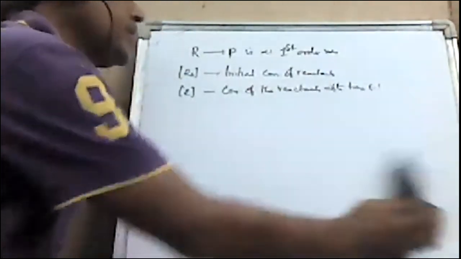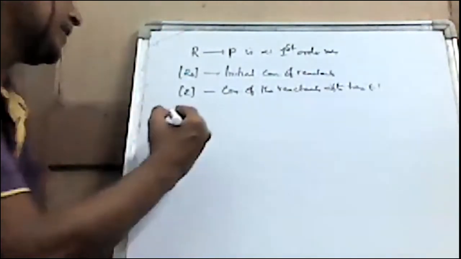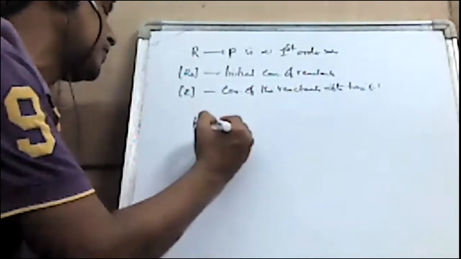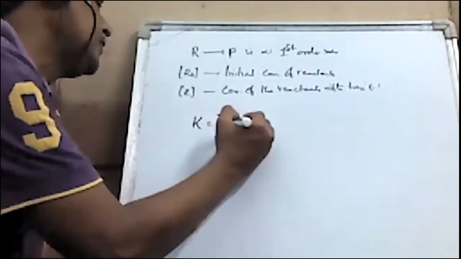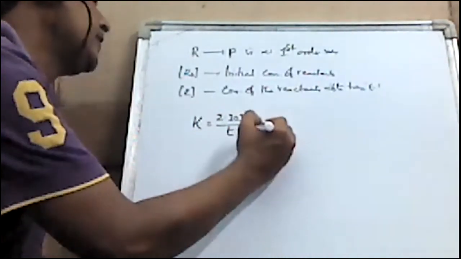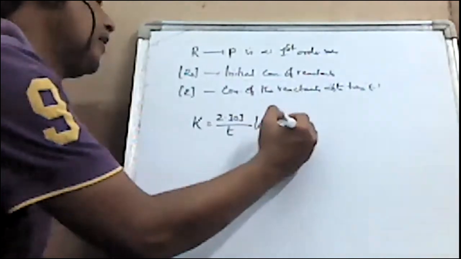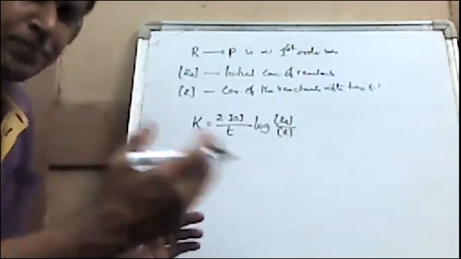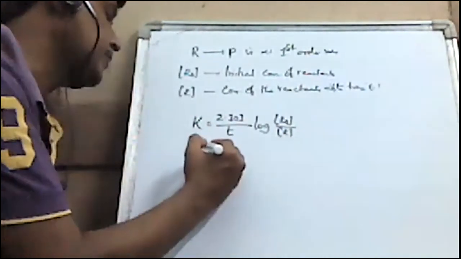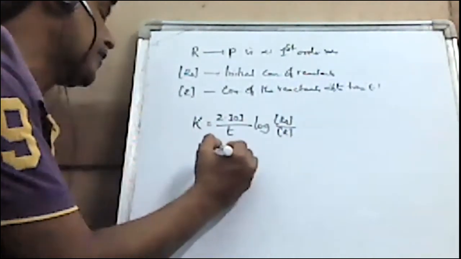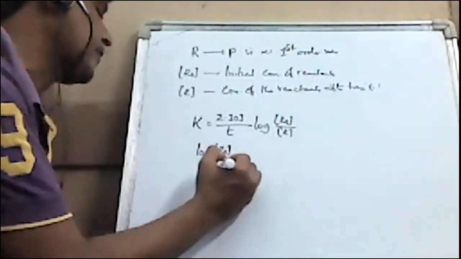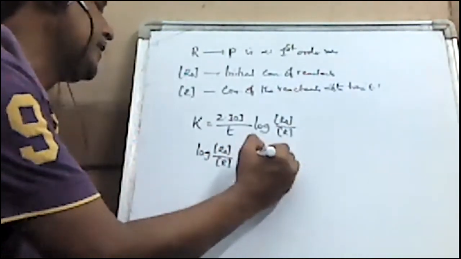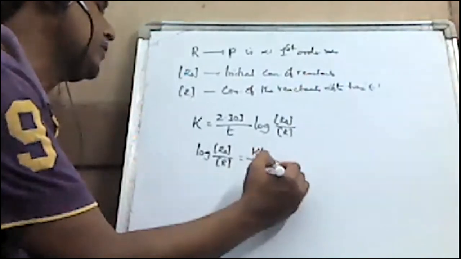Now the second plot. We know what the rate constant expression for a first order reaction is: k is equal to 2.303 by t into log R naught by R. Now let me rearrange the terms here. Log R naught by R is equal to kt by 2.303.